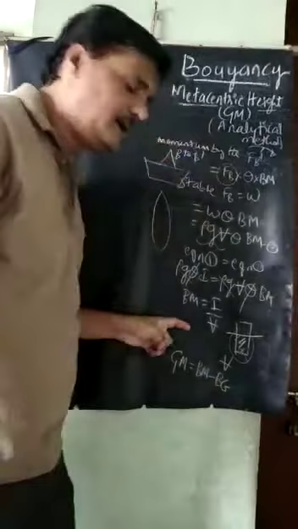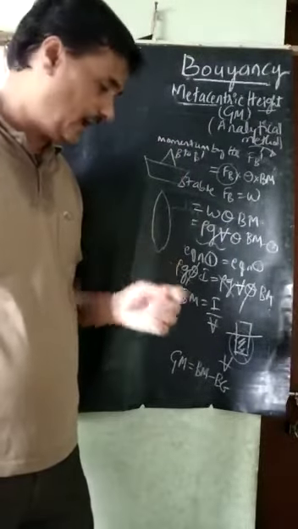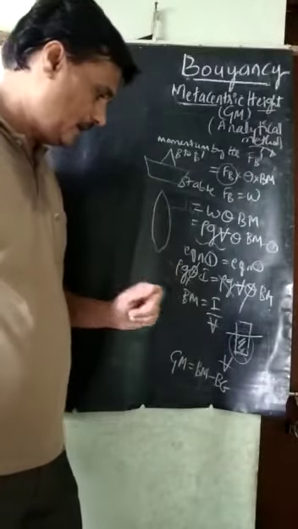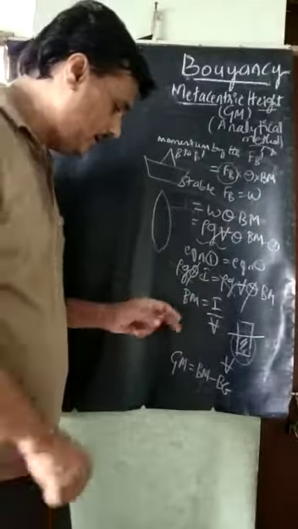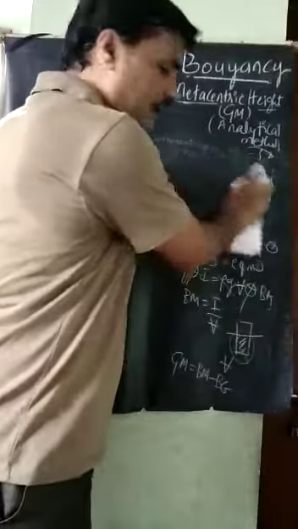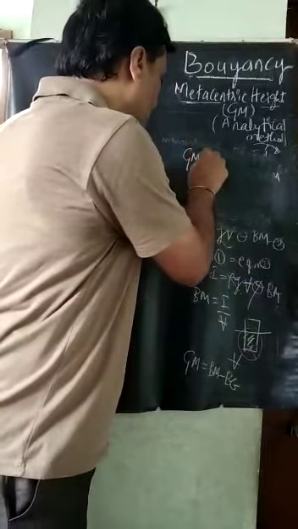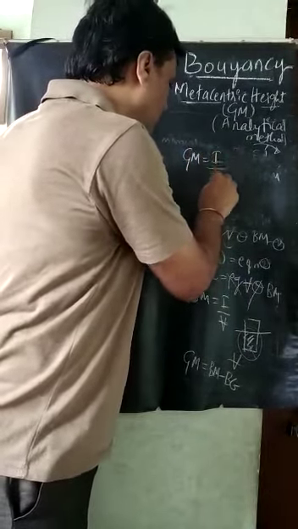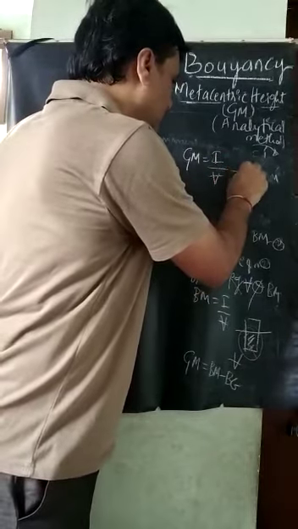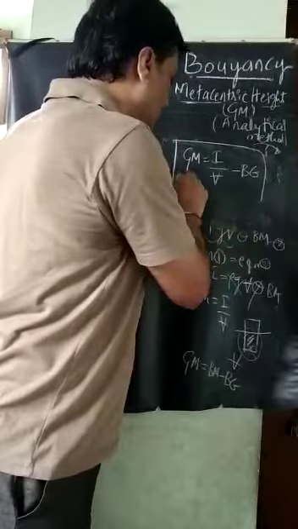BG means the distance between the center of buoyancy and the center of gravity. As we know, BM is equal to I by the submerged volume. I will substitute it here. So the final equation I am getting is GM is equal to I by the submerged volume minus BG. So this is the equation.